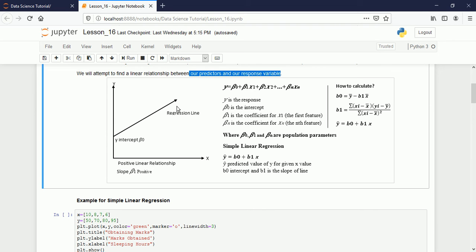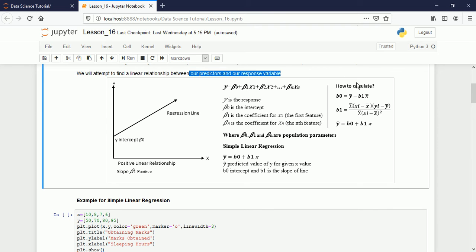If it goes from bottom up, that is called a positive relationship. If it is a line parallel to x, it means b1 is 0, so there is no relationship in between.